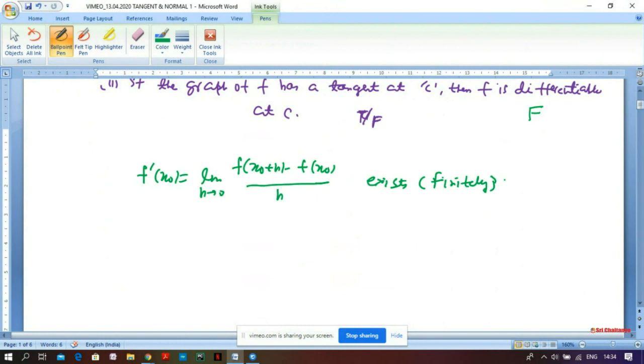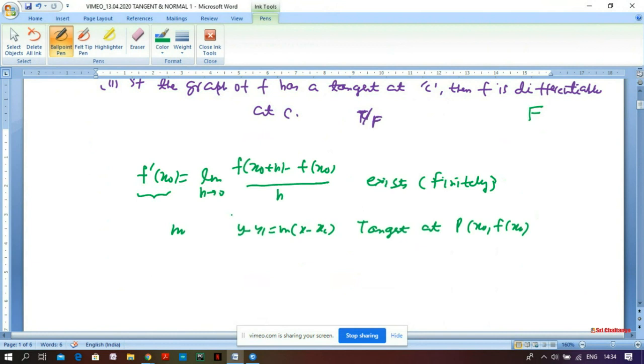So if f prime x naught exists, this is called the differential coefficient of f at x naught, and this serves as m. Then we can write y minus y1 equals m times (x minus x1) as the equation of the tangent line at the point P(x naught, f of x naught) to the curve. That follows from the definition and is straightforward.